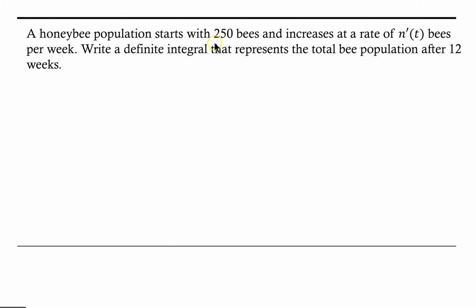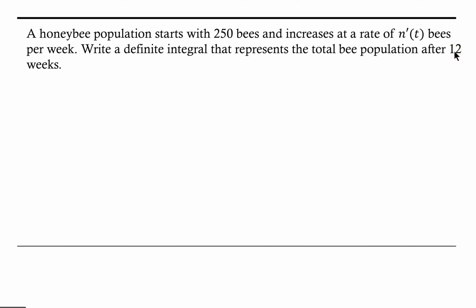So the population starts and increases at a rate of n prime of t bees per week. So n has units of bees and t has units of weeks, and we're interested in what happens after 12 weeks.